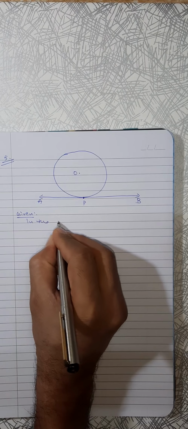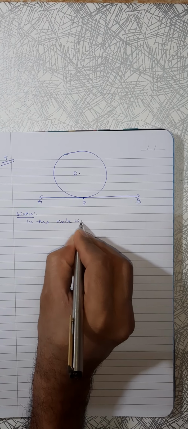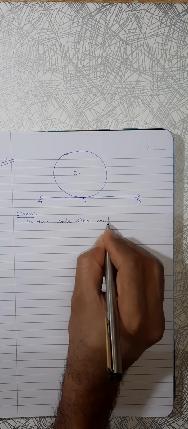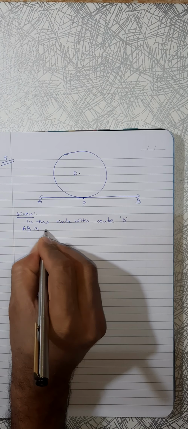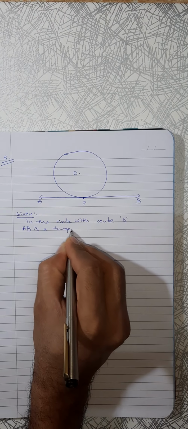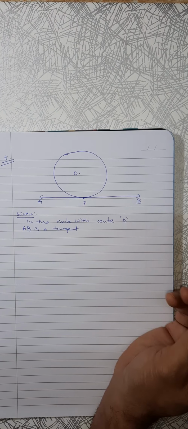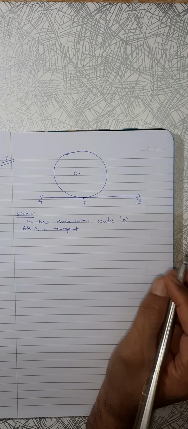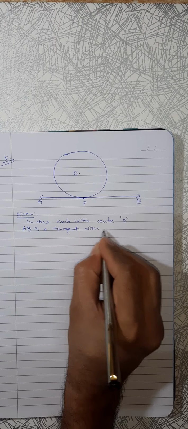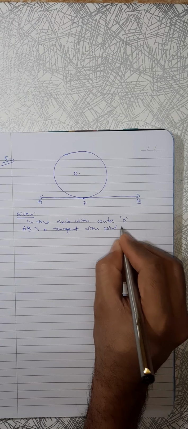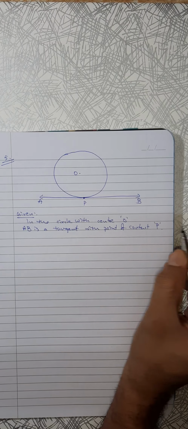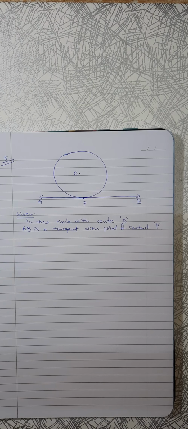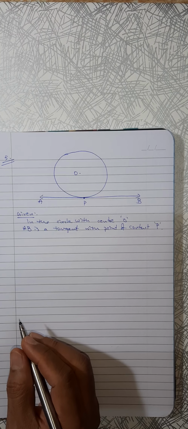In the circle with the center O, AB is a tangent with the point of contact P. In this question it is P. Then one more thing is given, perpendicular.